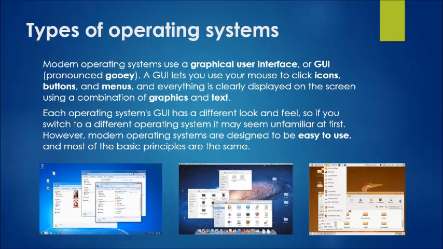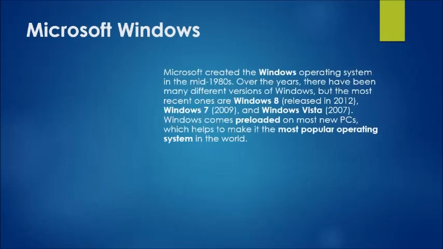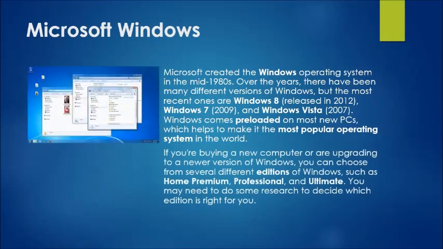Okay, the first image is Microsoft Windows. Microsoft created the Windows operating system in the mid-1980s. Over the years, there have been many different versions of Windows, but the most recent ones are Windows 8, released in 2012, Windows 7, released in 2009, and Windows Vista, 2007.